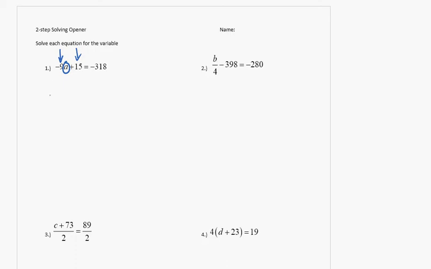Okay, so the order of operations tells you that of the two things here, the negative 9 and the 15, you would use the negative 9 first, right? Because multiplication happens before addition. But since we're undoing things, we'll be undoing them in the reverse order of that. So we're actually going to start by subtracting the 15 on both sides.